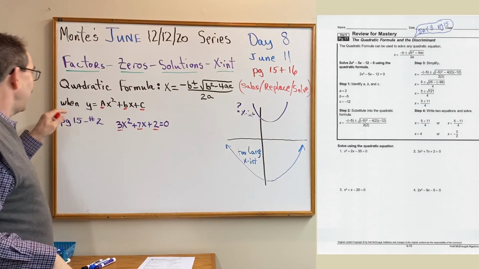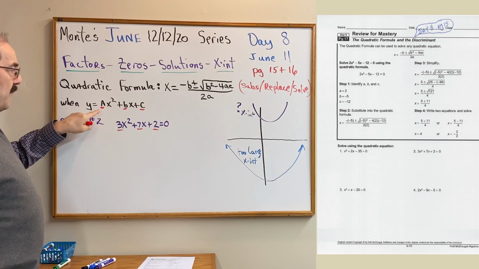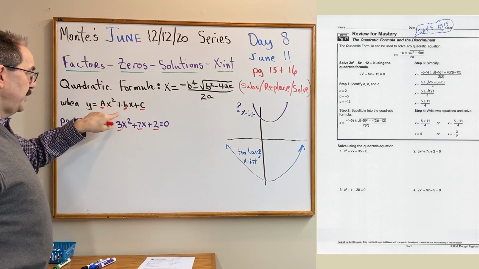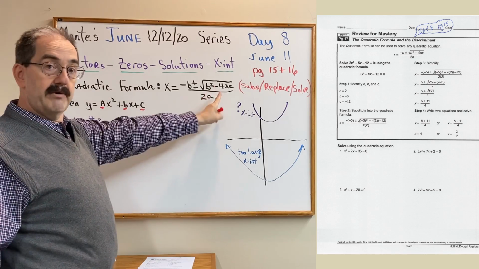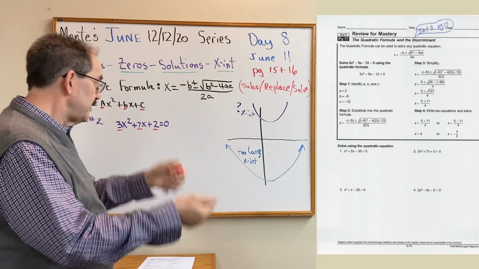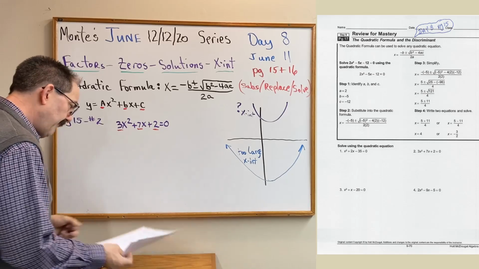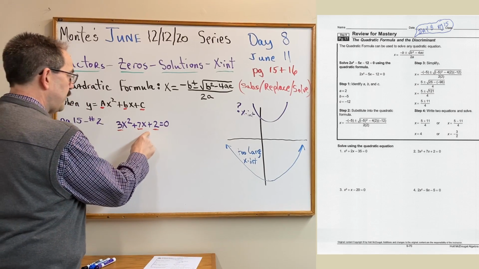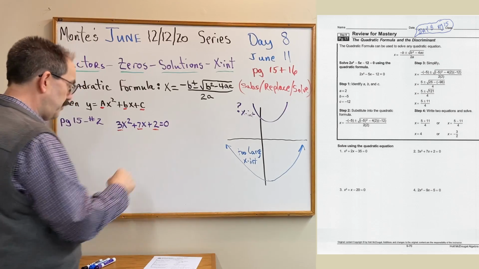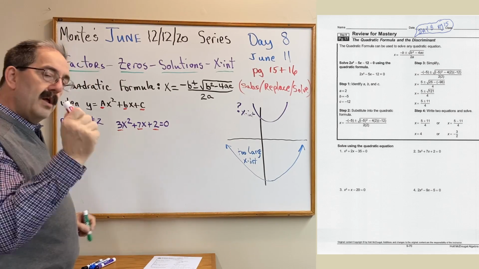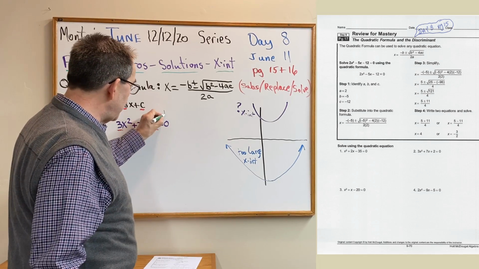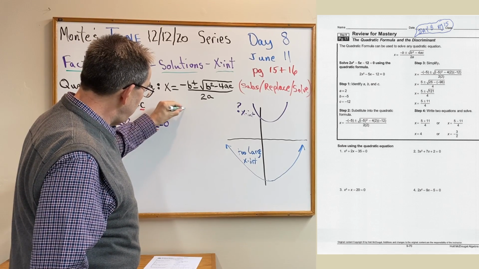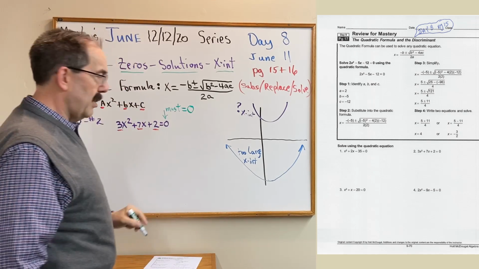All right. We know that the standard form is ax squared plus bx plus c. We're interested in a, b, c, so we can substitute, replace, solve. All right, on page 15, problem number 2. 3x squared plus 7x plus 2 equals 0. When you're writing this out, make a note. Must equal 0.